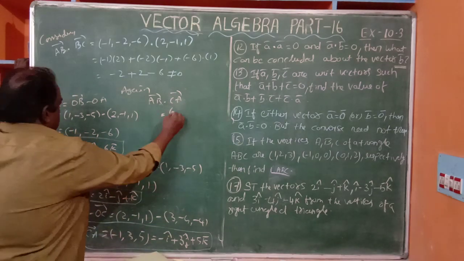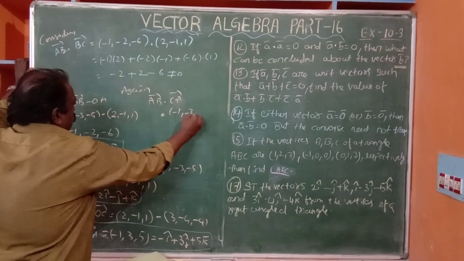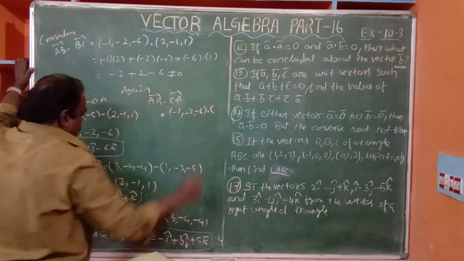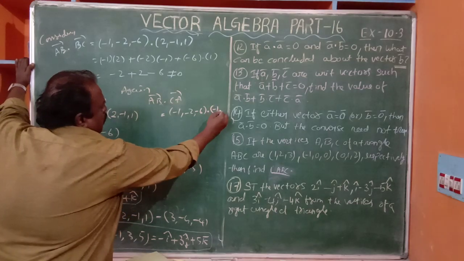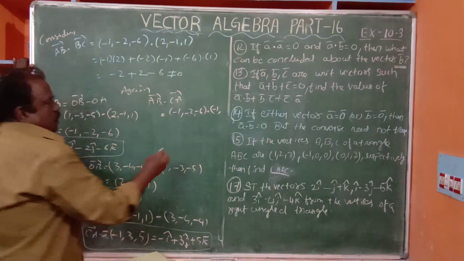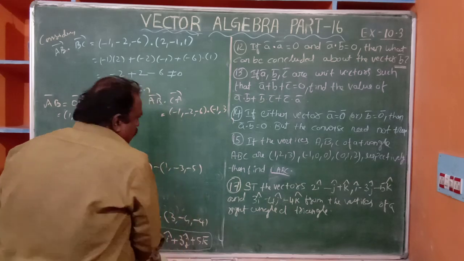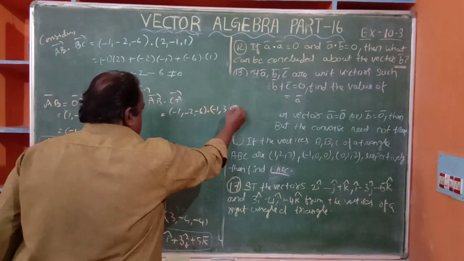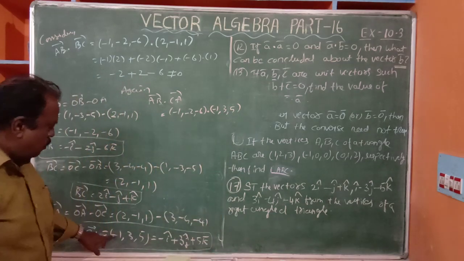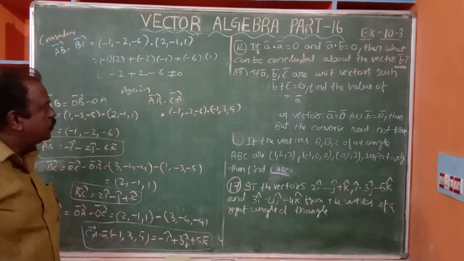AB bar is minus 1, minus 2, minus 6, dot CA bar, which is minus 1, 3, 5.